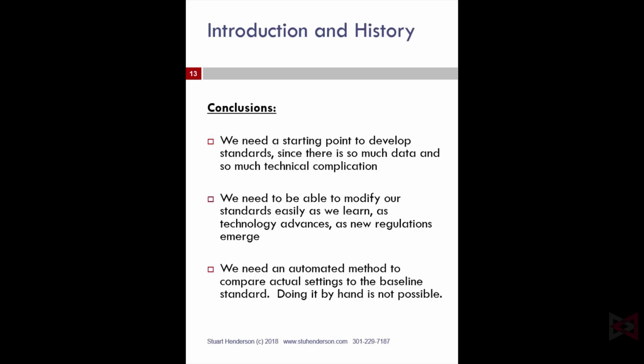Once we have this standard and are modifying it to suit our own situation and making it our official policy, when the auditors come by, we can say, this is our policy. We expect you to use this, not your Windows policy, when you audit us. But we need an automated method to compare actual settings to the baseline standard.